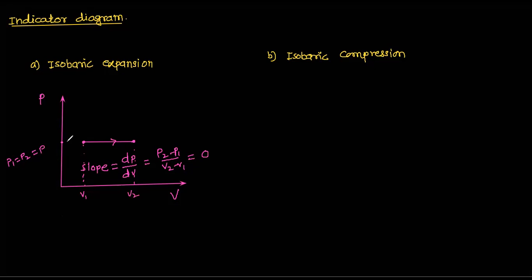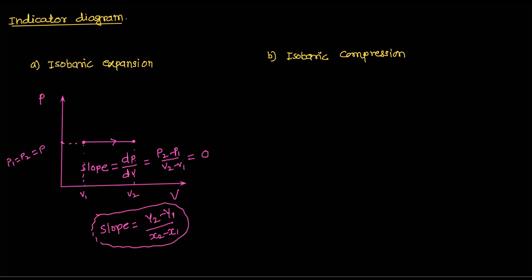So therefore, for this, slope is equal to 0. In mathematics, slope is y2 minus y1 divided by x2 minus x1. This is a basic formula, and from this we have calculated the slope here, and we are getting 0.